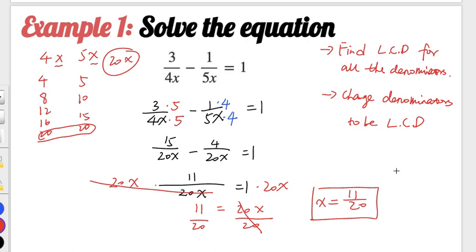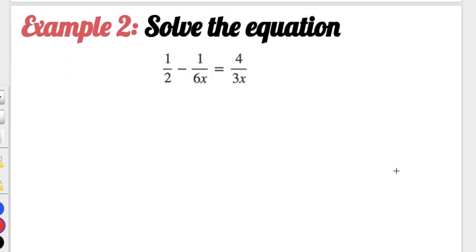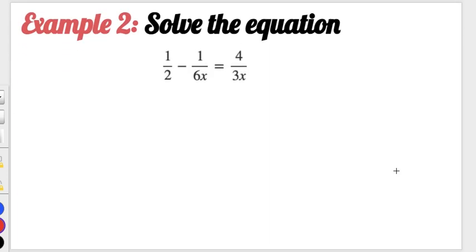Okay, so now let's check example 2. If you check this equation, you'll notice that before I had a number, like a constant term, just a whole number there, but this time I have 3 fractions. We have 3 denominators, but the same thing, we still need to find the LCD for all denominators.